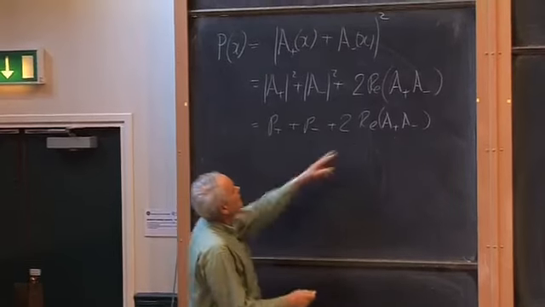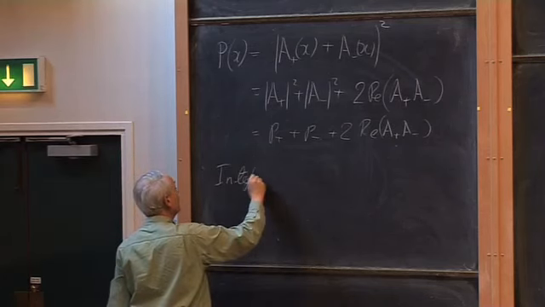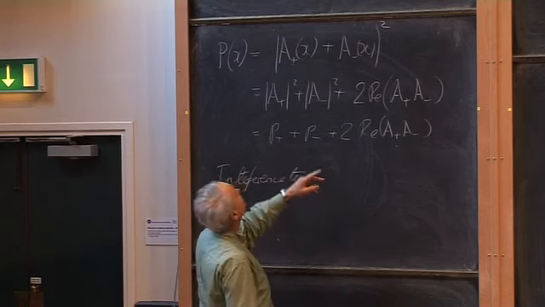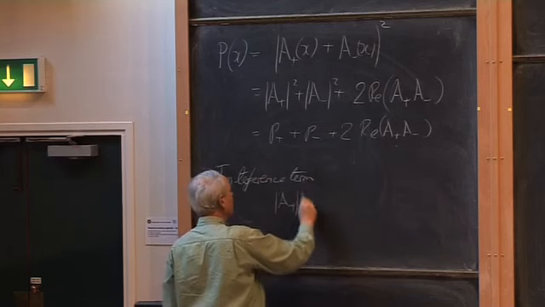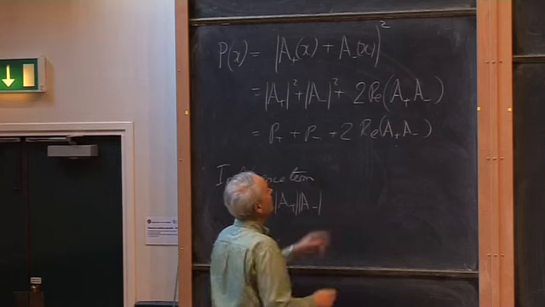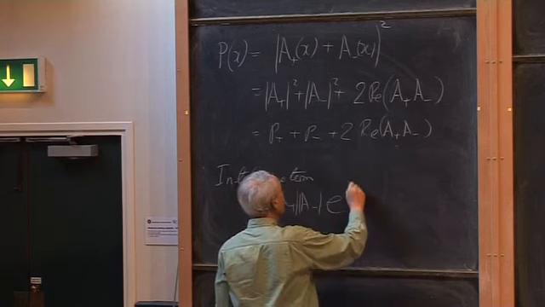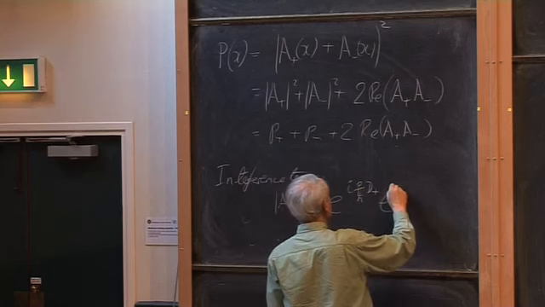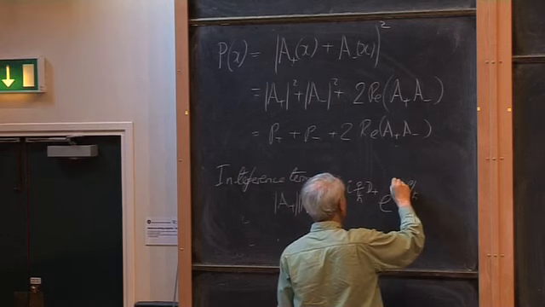So what is this quantum interference term? The interference term is going to be mod A plus, mod A minus, not very interesting. And the crucial thing is that one is going to be e to the i p upon h bar d plus, and the other one's going to be e to the minus i p upon h bar d minus.